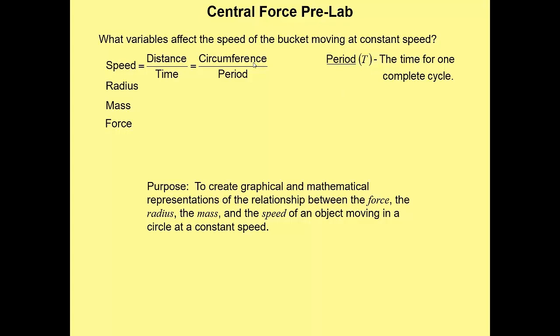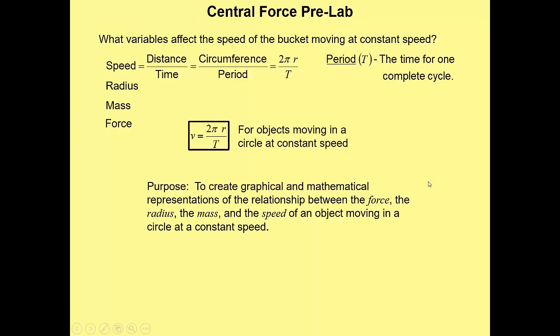Now, if you remember, of course, from the very, very beginning of this year, we figured out an equation for the circumference of a circle. Right? It's 2 pi r, right? Or pi times the diameter, right? But 2 pi times the radius divided by the period.